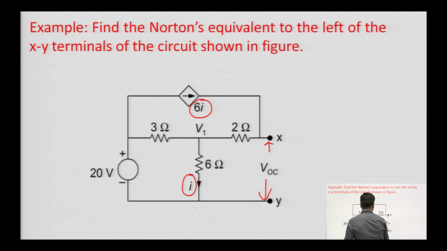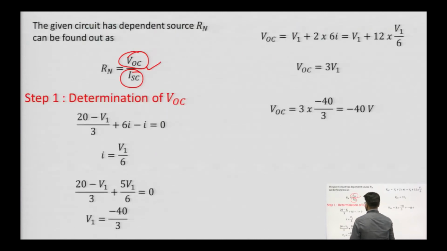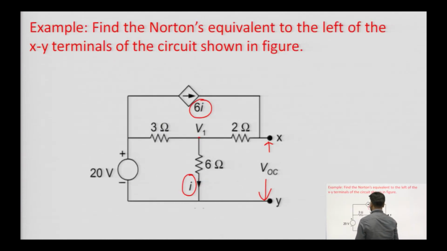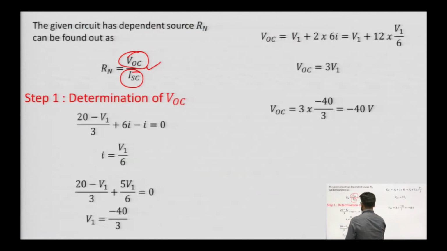So, apply KCL here: (20 minus V1) divided by 3, plus 6I minus I equals 0.